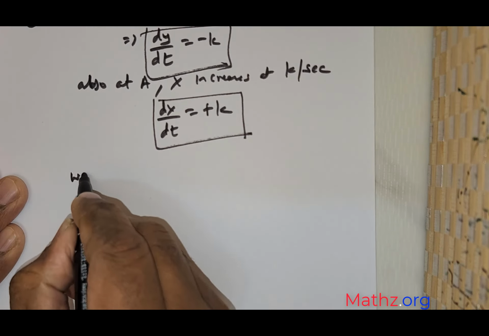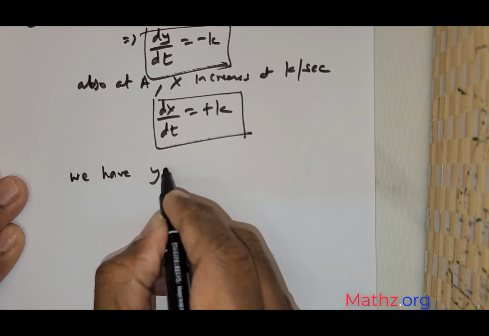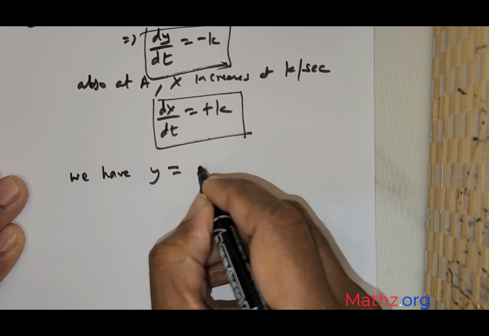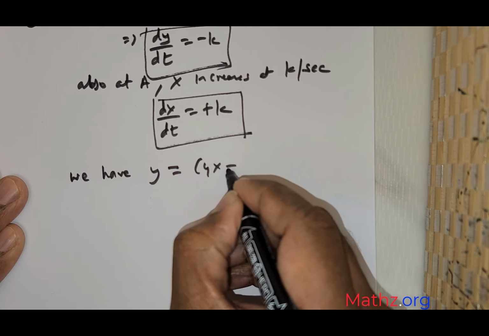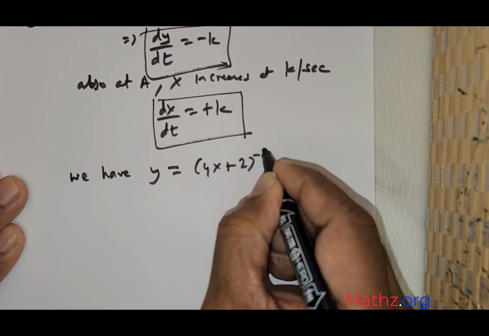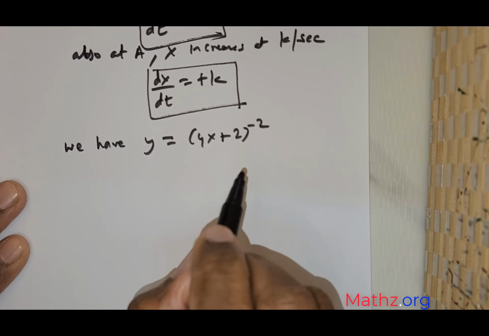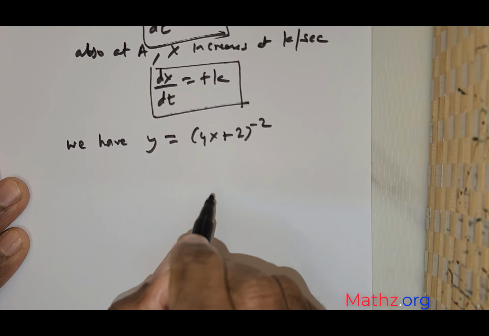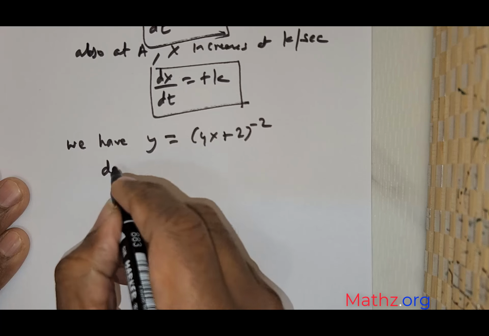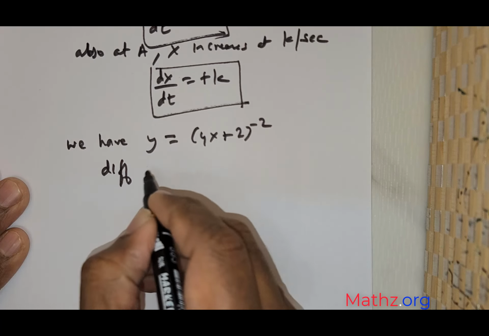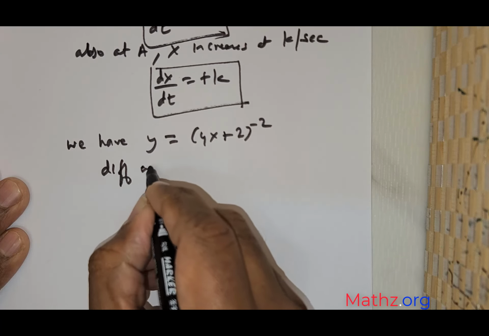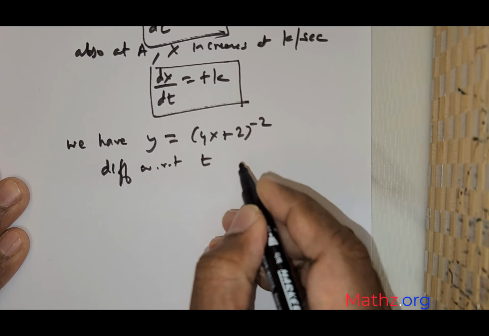Now what do we have? We have y equal to (4x + 2) raised to the power of negative 2. This is what we have been given. Now I would like to differentiate with respect to t implicitly.